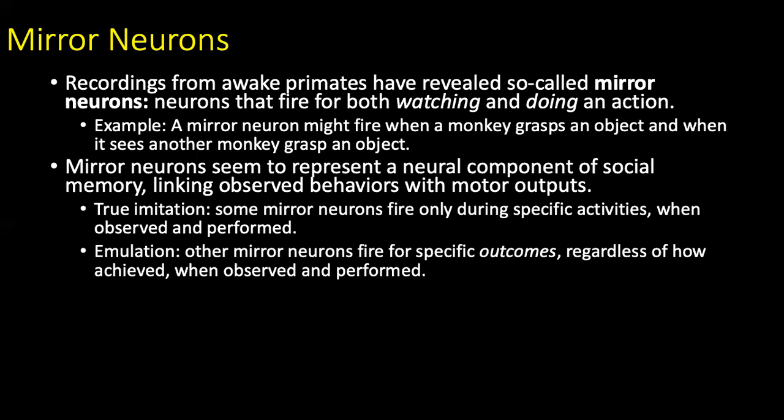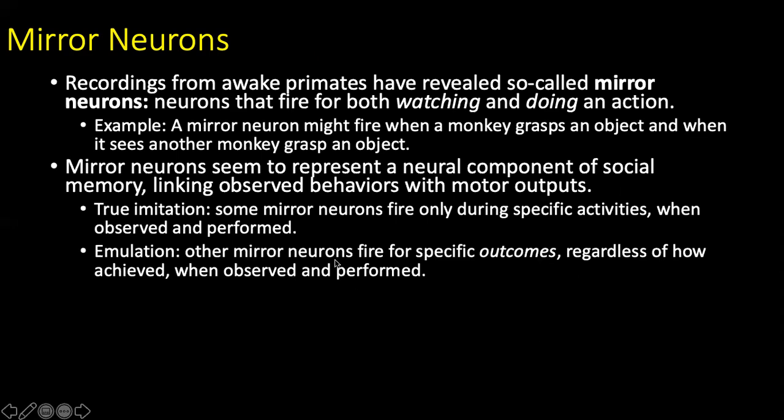And what's really cool, especially from a psychologist point of view who wants to map kind of our cognitive and behavioral models onto what's going on in the brain, we can see evidence of different neurons that would represent behaviors that are true imitation versus behaviors that are emulation. So we do see some neurons that fire only during specific activities when they are either observed or performed by the individual.